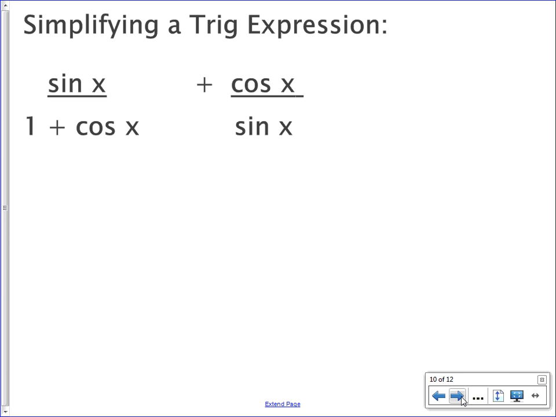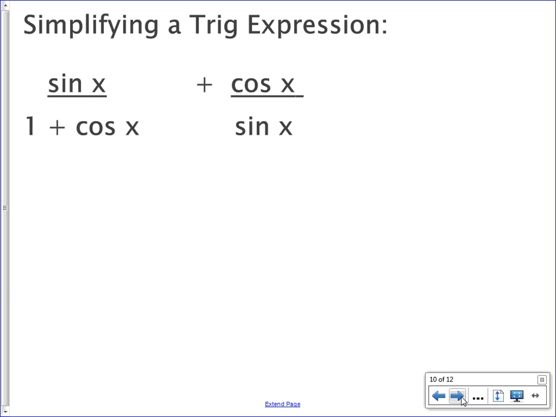Okay, let's talk about this one. I see a fraction plus a fraction. Anytime we have a fraction plus a fraction, what is our strategy? We need common denominators, right? Our common denominator is going to have to be sine times 1 plus cosine.